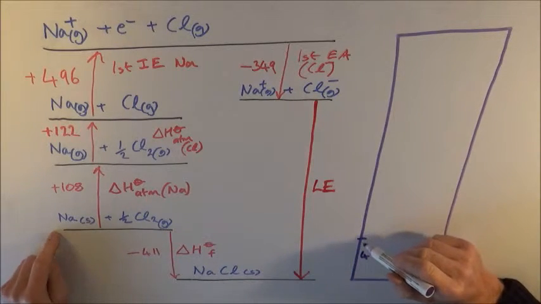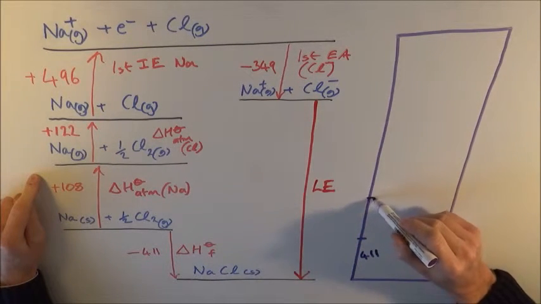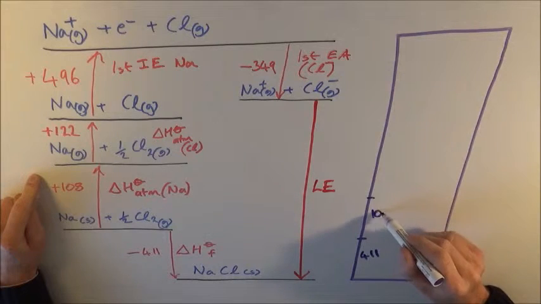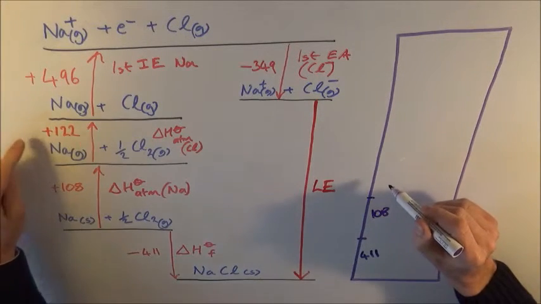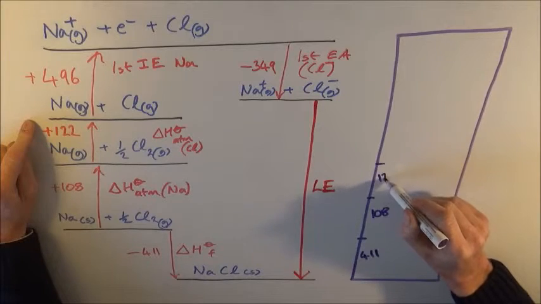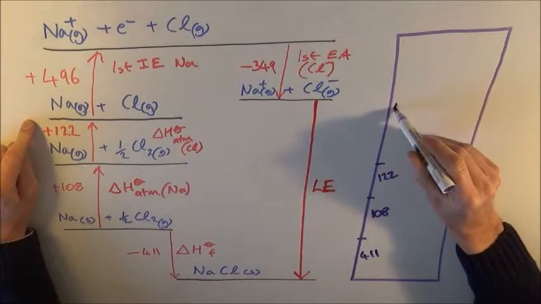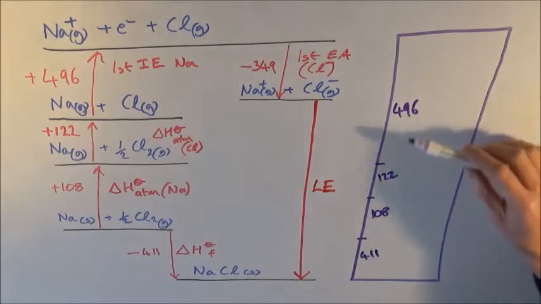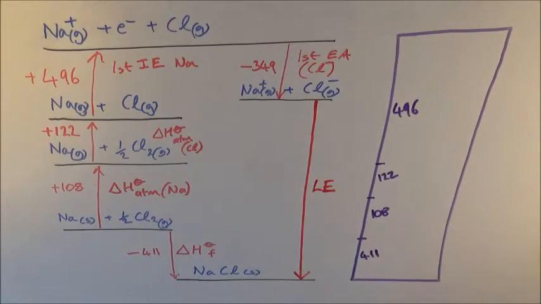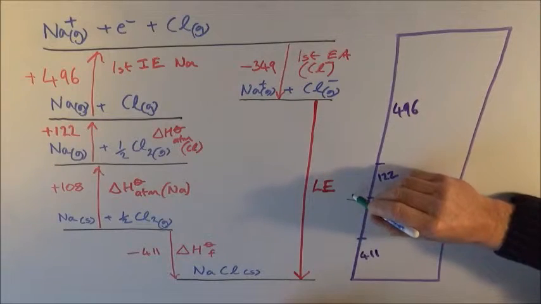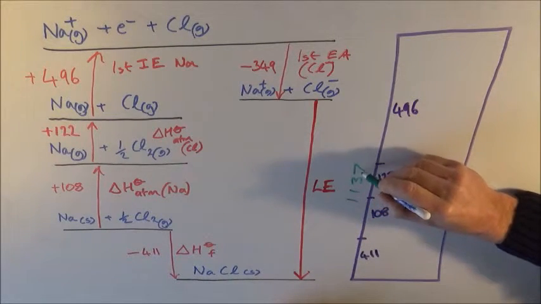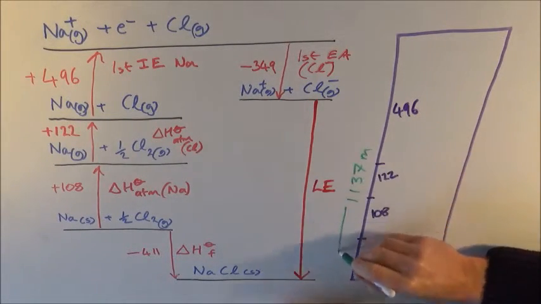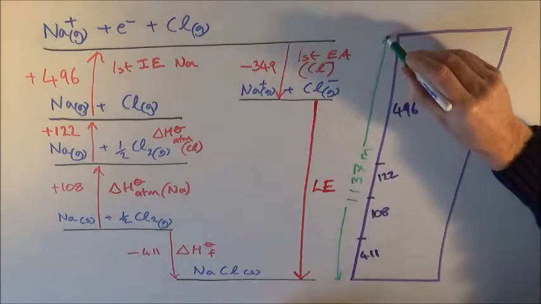Then you go another 108, not to scale, then up 122 meters, and then finally up 496 meters. So what's the total length of that side of the field? You add all of these together, and it's 1137 meters. That's the length of that side of the football field.